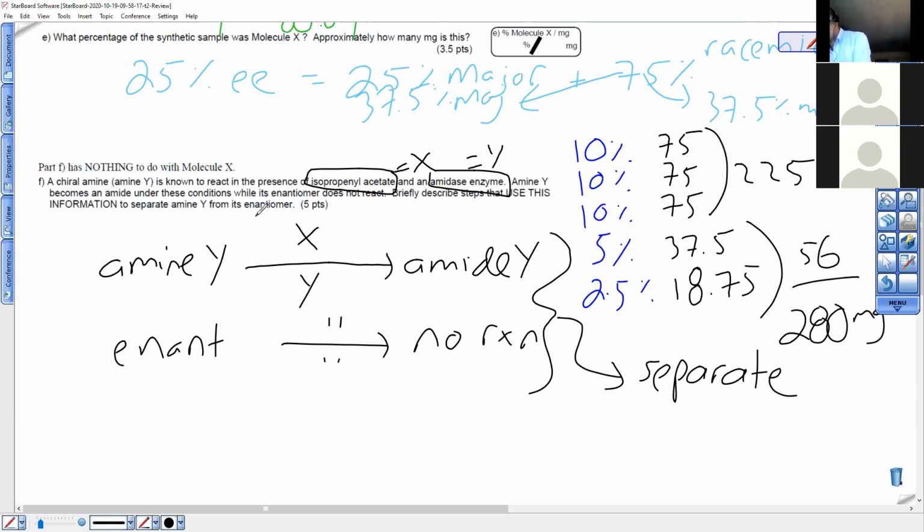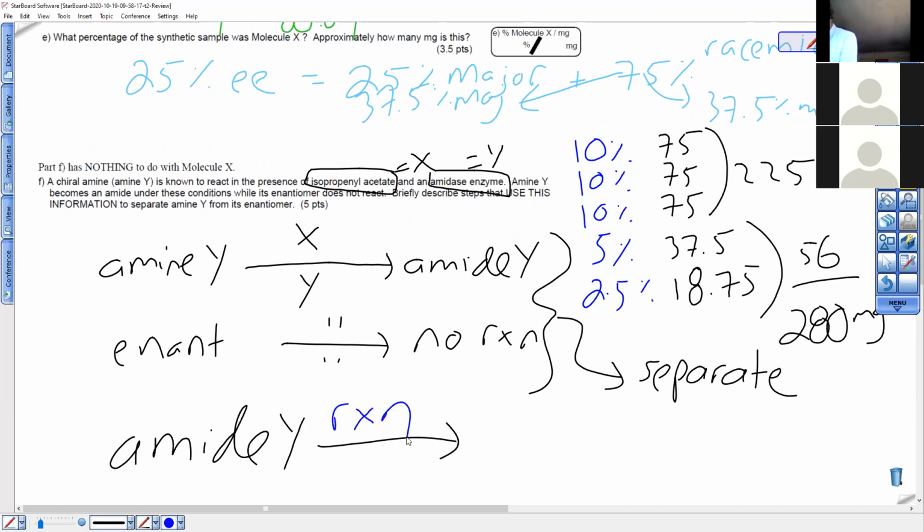Well, you've separated them, but you don't have amine Y. It doesn't have any clues here, so you don't have a lot of information, but you just know you have to undo the reaction you did at the beginning. Just write it like that.